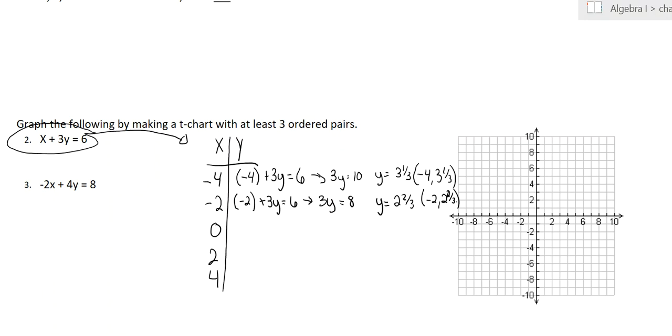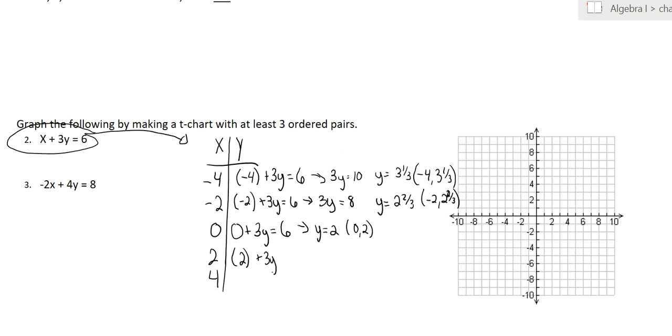If I put in 0 plus 3y, I know I'm just going to divide by 3. That one worked out nicely, so y equals 2, so that's 0, 2. And again, I'm just going to finish up this table. I put in 2.